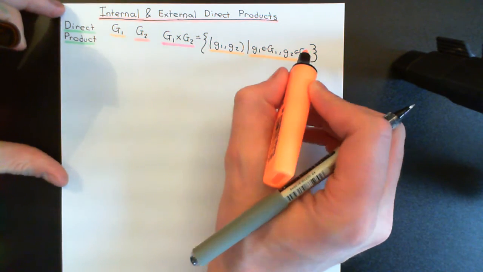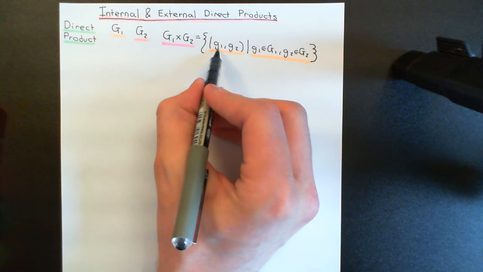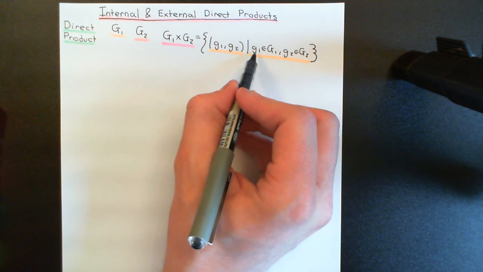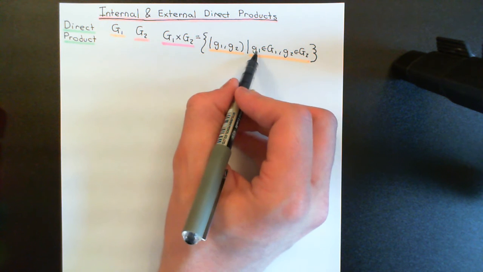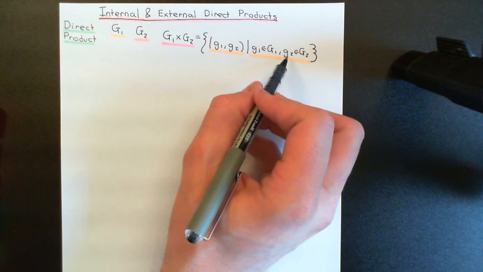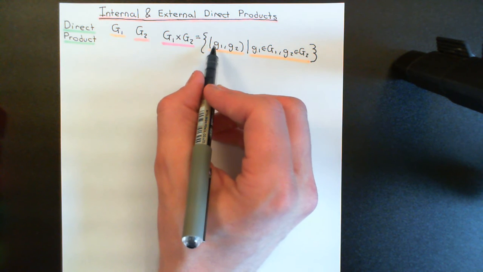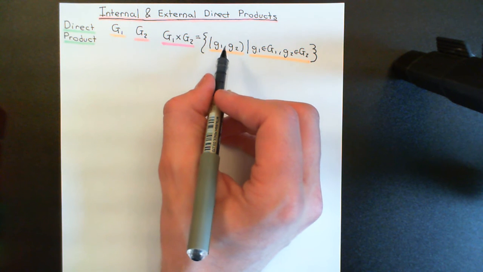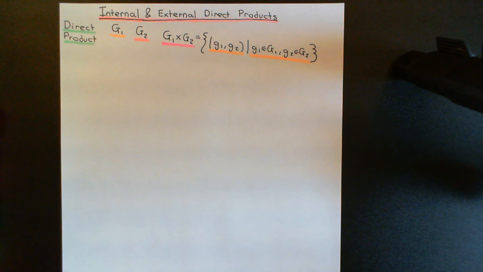So to utterly stress what you're doing here, you would have to take every possible ordered pair, everything of this structure. So you put every possible little g1 from capital G1 in slot number 1, and for every single one of those you'd put in every single possible little g2 from capital G2 in slot 2, and you take every possible combination, every possible pair, you put them all into a great big set, and that is the set on which we are going to define the composition law to turn it into a group.